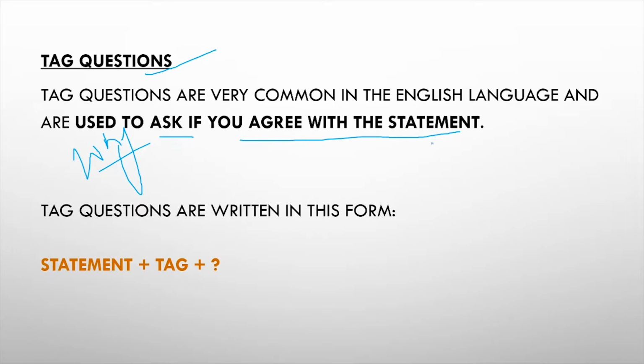First I say it is raining and immediately I counter question, isn't it? So, isn't it is a part where I'm asking if you agree with the statement I've just said. It is raining. Do you agree or not? So, to confirm or to verify that, I use a question tag, that is, isn't it?